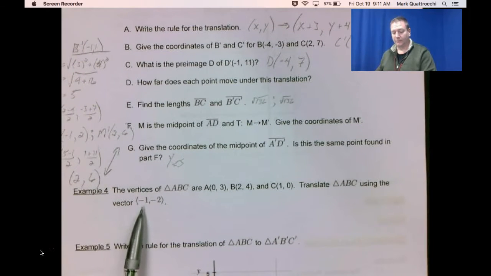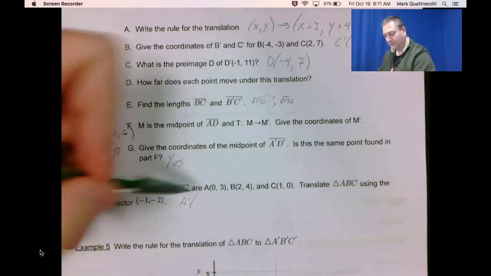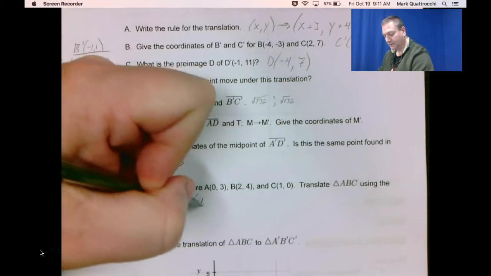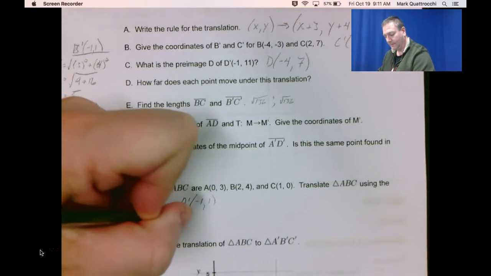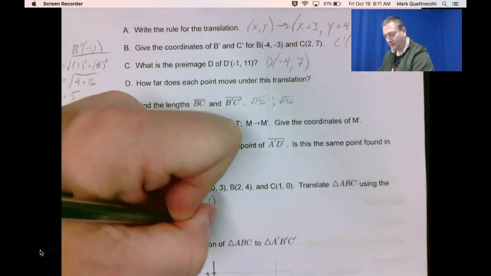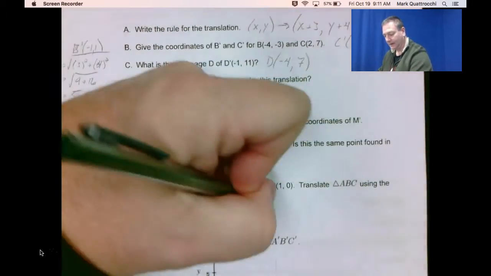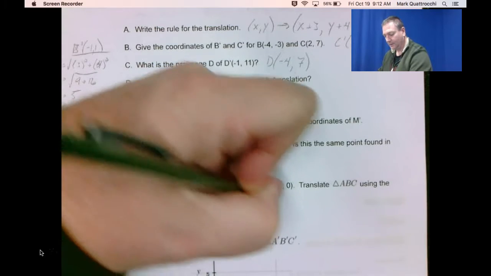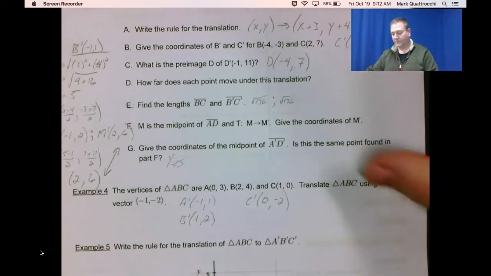This particular rule would be subtract 1 from the x, subtract 2 from the y. So when we do that, we get A prime: subtract 1 from the x, -1, subtract 2 from the y, 1. B prime: subtract 1 from the x, 1, subtract 2 from the y, 2. C prime: subtract 1 from the x, 0, subtract 2 from the y, -2. And there's the answer to example 4.